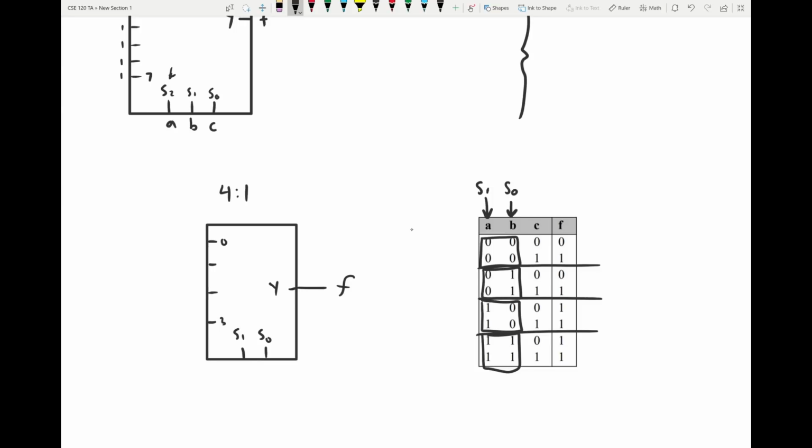Now we can look at each part individually, and determine what our input would have to be in order to get the desired output. So for this one, if we look at C and we look at F, they're exactly the same, right?